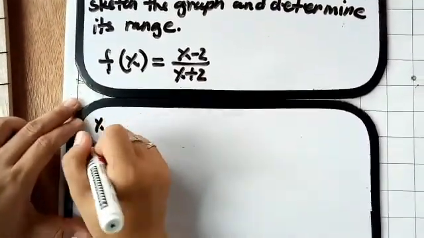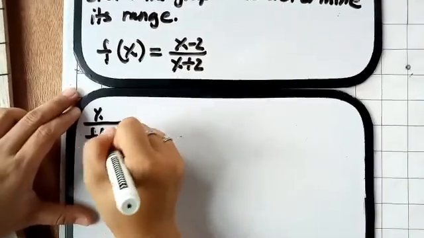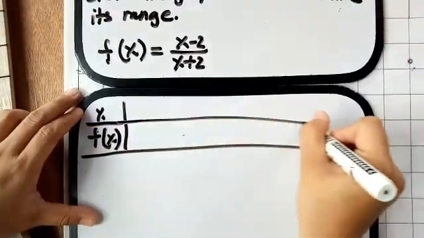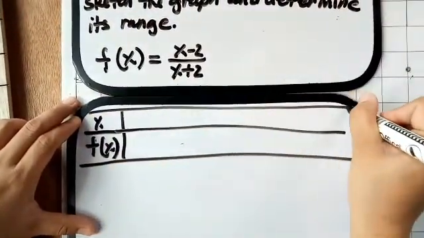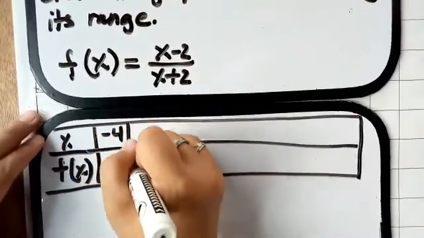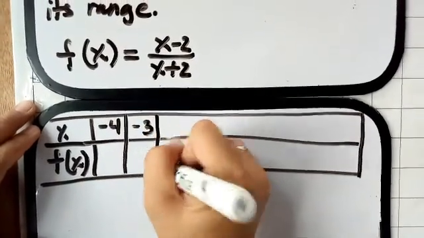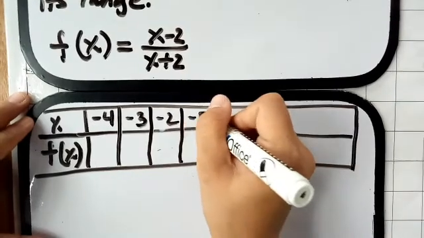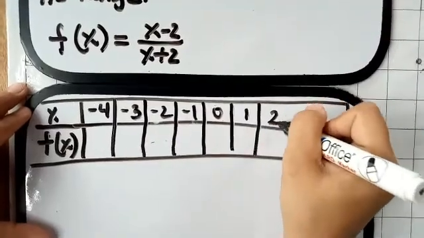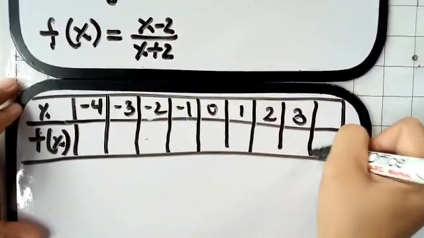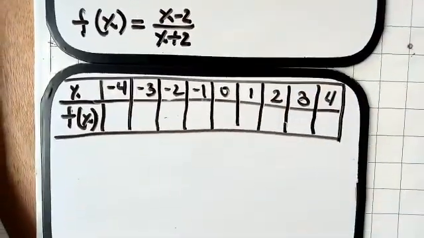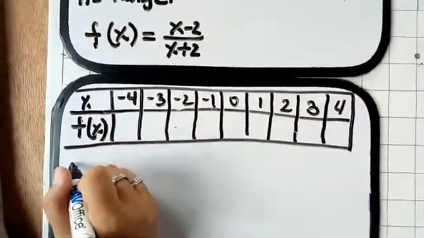For the table of values, let's have negative 4, negative 3, negative 2, negative 1, 0, 1, 2, 3, and 4.